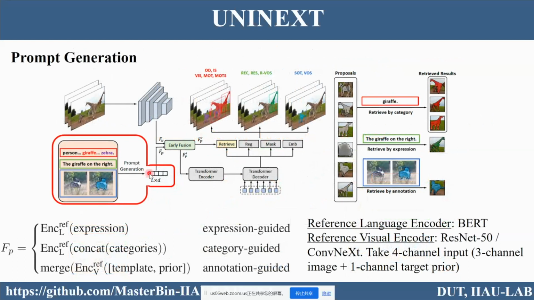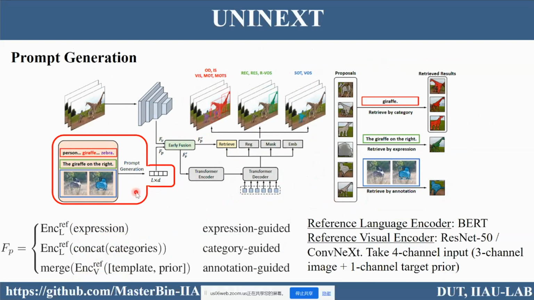The first key component of Uninext is prompt generation, which transforms diverse original prompts into a unified form. To be specific, for expression-guided tasks, we adopt BERT as the reference language encoder.